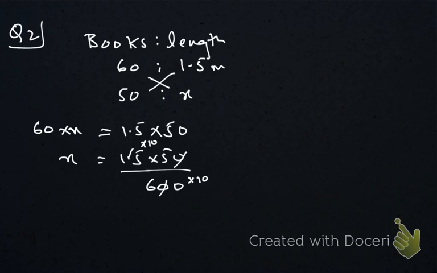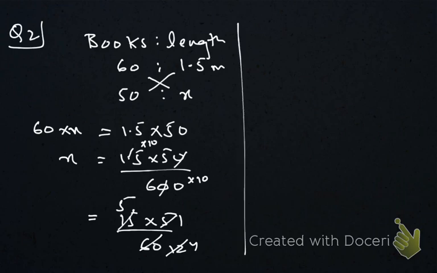That's why 0 is added. Okay, so 15 into 5 over 60. 5 ones are 5, 5 12s are 60, 3 4s are 12, 3 5s are 15, so 5 over 4 equals x.